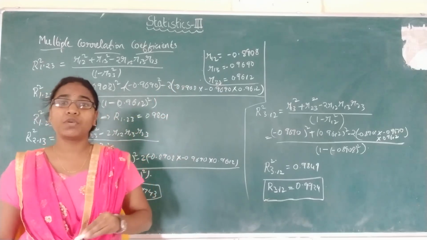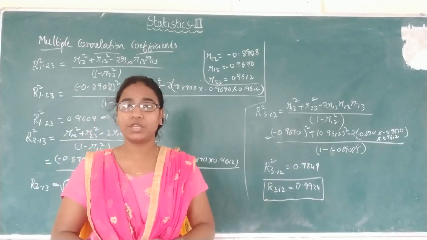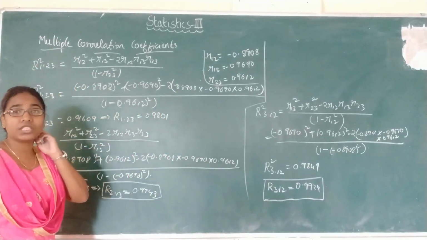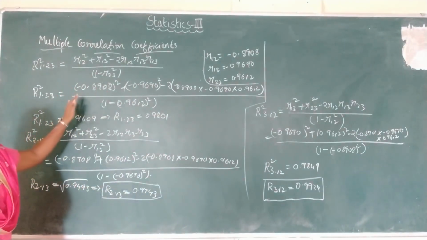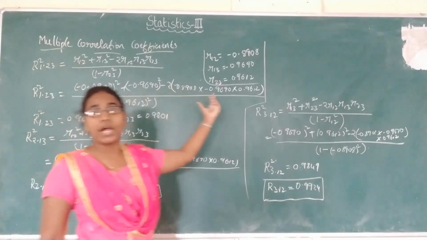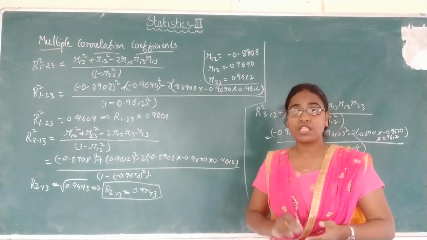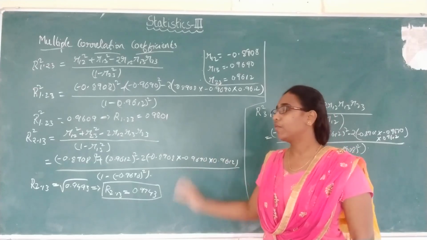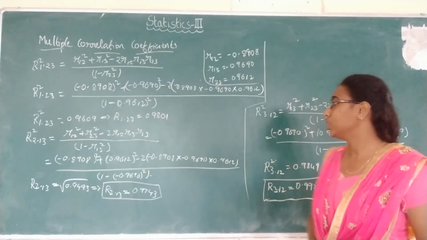Substitute those values in the partial and multiple correlation coefficients. Solve carefully because all are decimal values, especially the multiple correlation coefficients, where you will get a big value. Solve it line by line. I have shown it in the previous problem, so I have written the answers directly here.